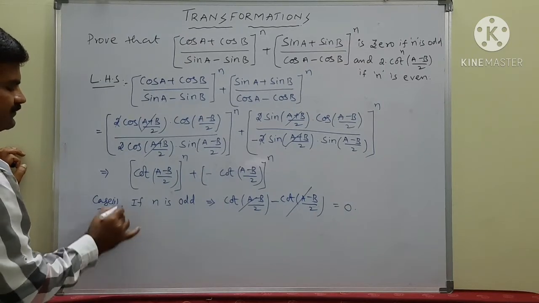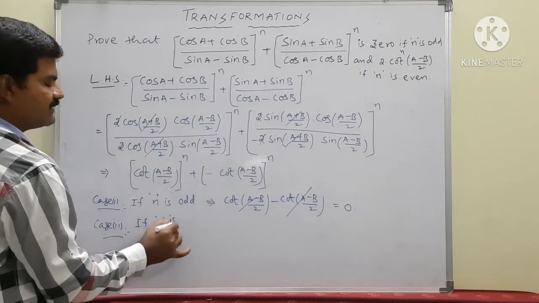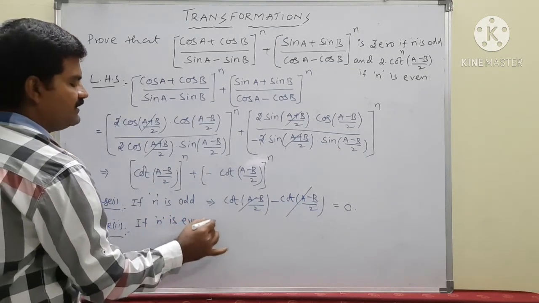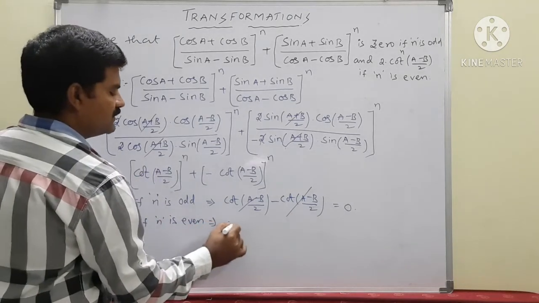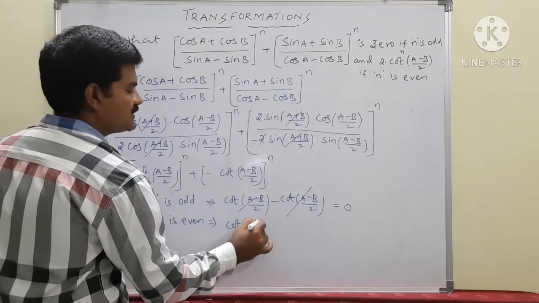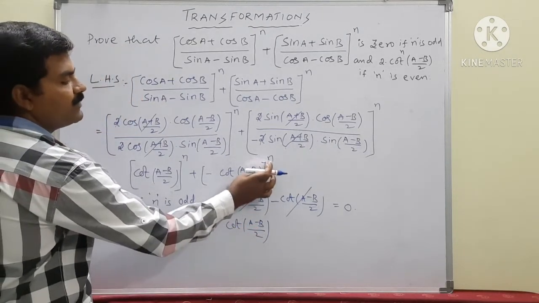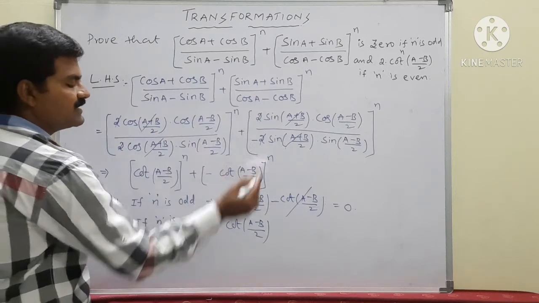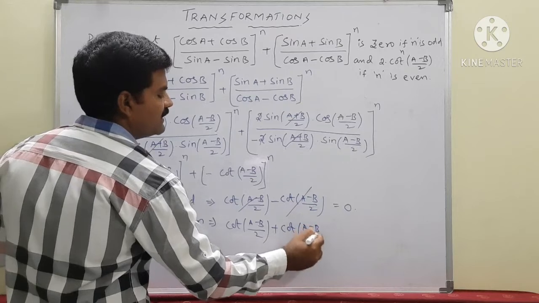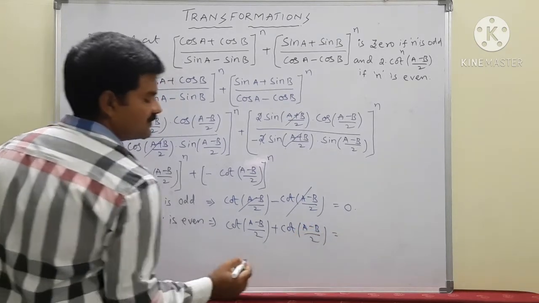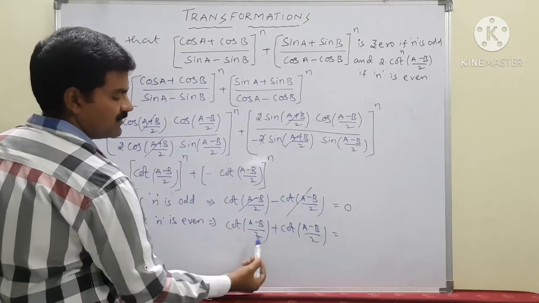Coming to case 2, if n is even, then first one is cot of (A minus B)/2, whereas second one, minus becomes positive because of even power. So cot of (A minus B)/2.